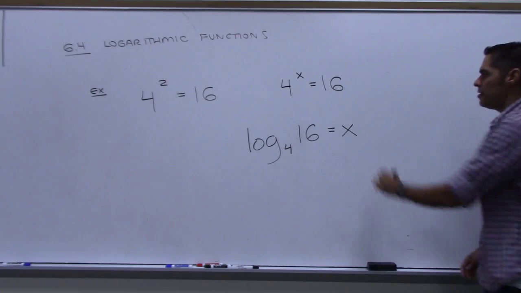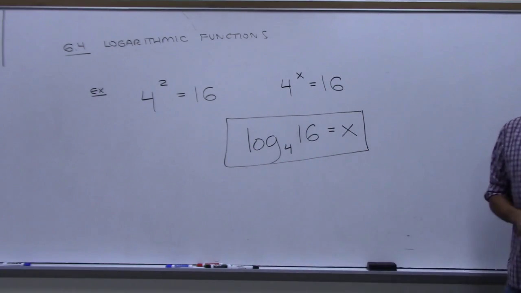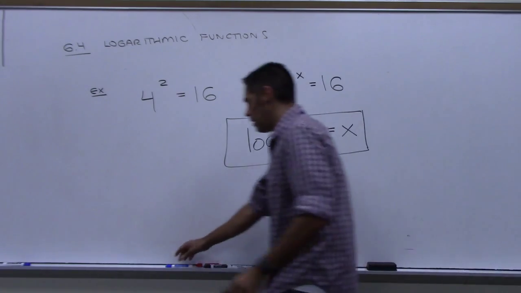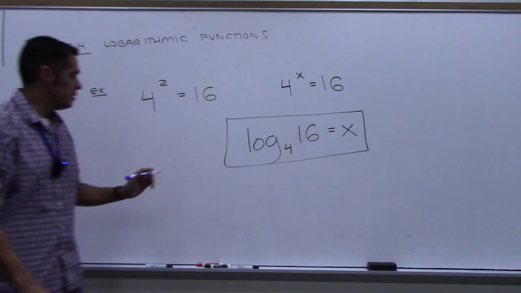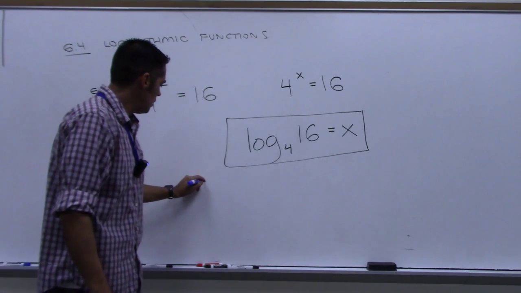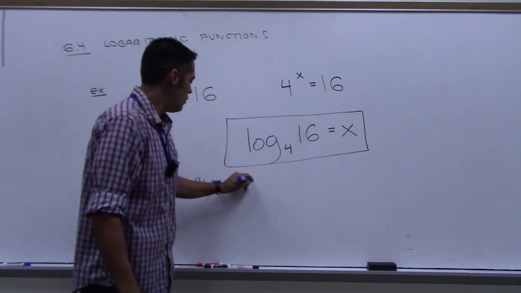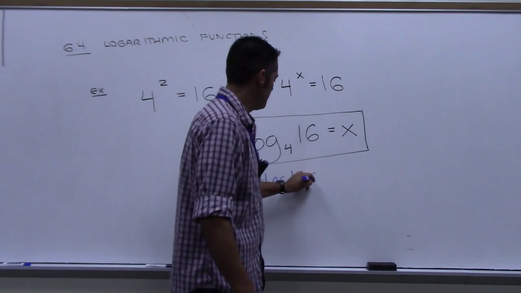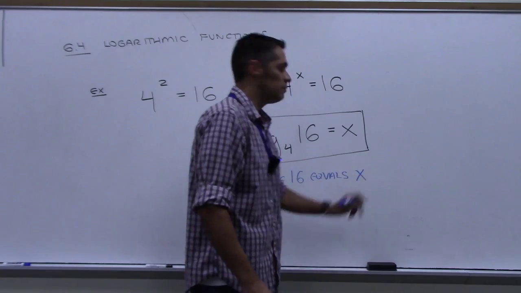All right. So this is brand new notation. So what the heck does this mean? Well, first let me tell you how you would say this if you were talking. You would say something like log base 4 of 16 equals x.